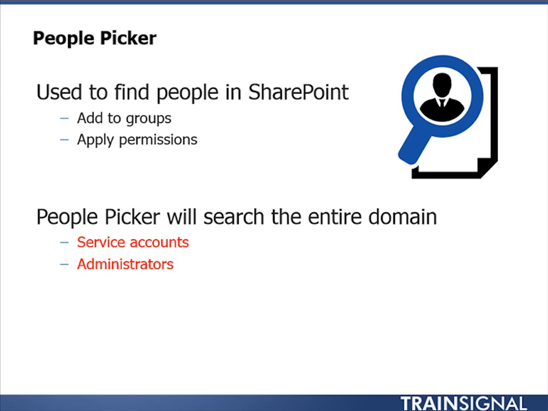This poses a little bit of a problem, because the people picker is going to pick up not simply users, but also administrators, service accounts, and other types of accounts that really don't belong anywhere inside of SharePoint, or at the very least, I just don't want my users to be able to see them. So fortunately, we can go in and modify the way that the people picker behaves.